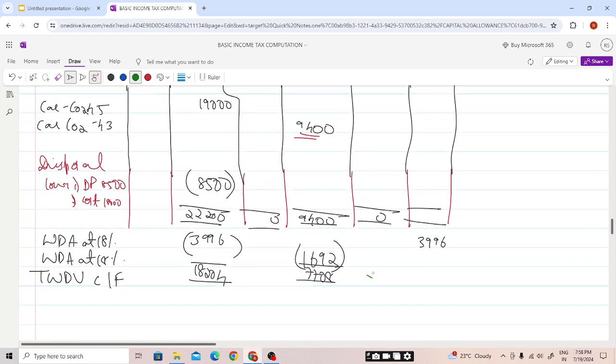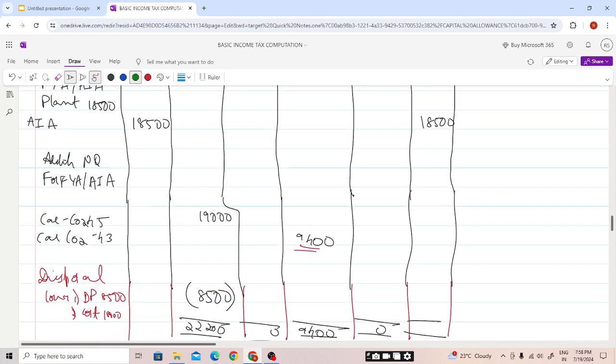Of the WDA we have claimed, 1,692, only 55% will be allowable capital allowance. So this will be 931, students, and the total allowances will be 23,427 because we had AIA.